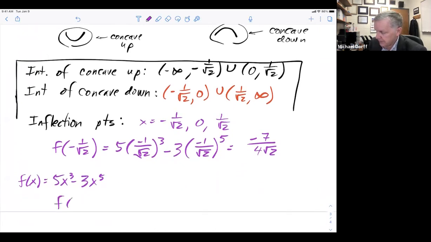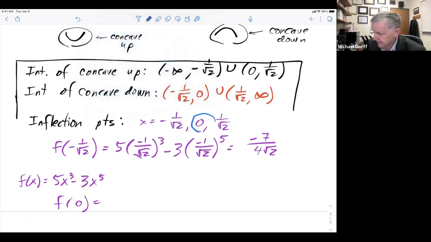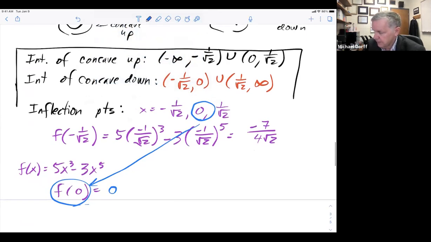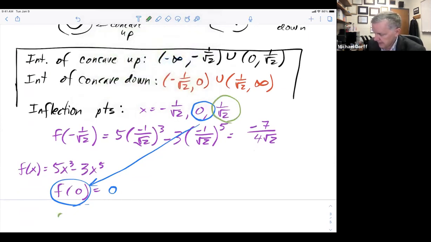And I can solve these other ones, f of 0. Where am I getting the 0 from? That's coming from here, my second one. So I'm going to look at that. 0 there. If I put that in, I'm going to get a 0. That one's pretty straightforward. And likewise, if I do the last point here, f of 1 over square root of 2, there's going to be a symmetry here. And that one's going to equal positive 7 over 4 square root of 2.